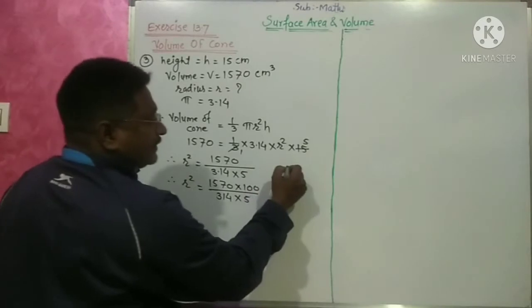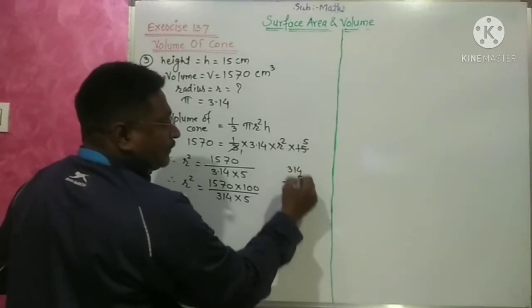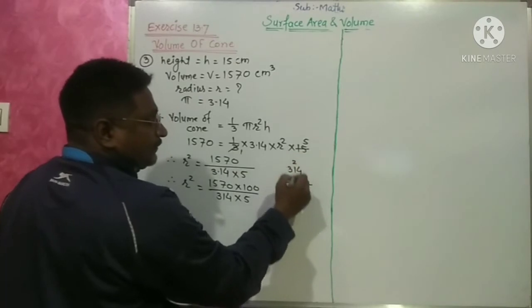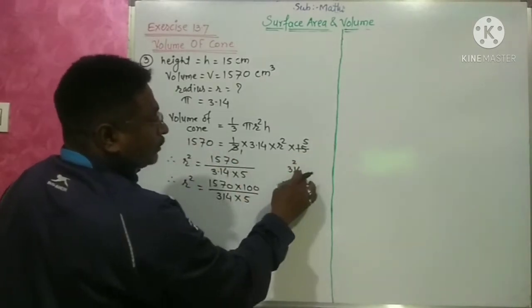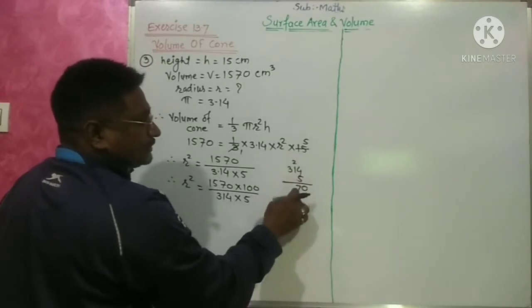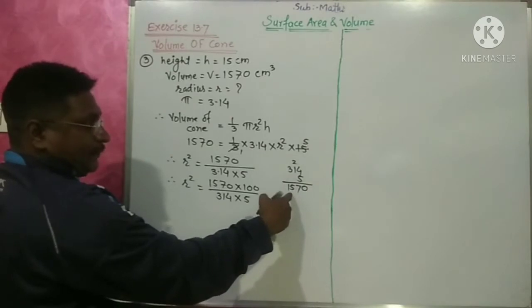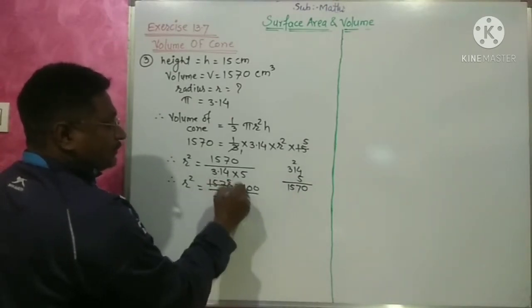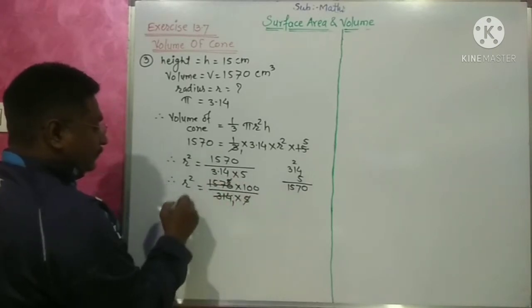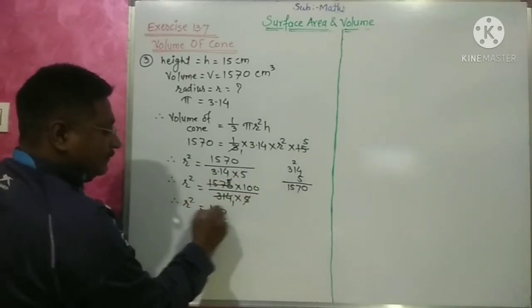What will we get? 5 fours are 20, 5 ones are 5 plus 2 is 7, 5 threes are 15. We got 1570. Therefore r square is 100.